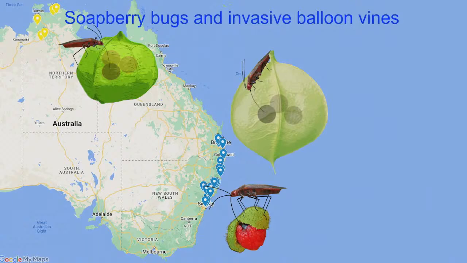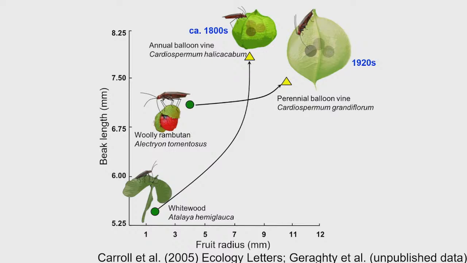So we sampled insects up in the north end, close to Darwin and south of Darwin, and along the east coast of Australia to do some morphometric analyses and genetic analyses of these insects.